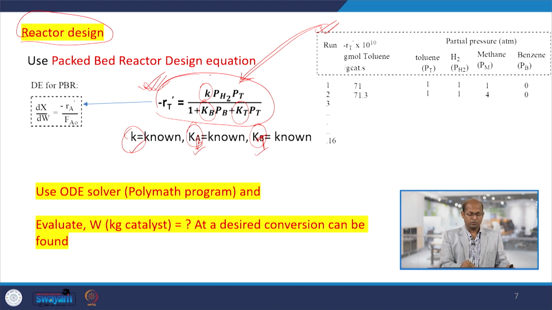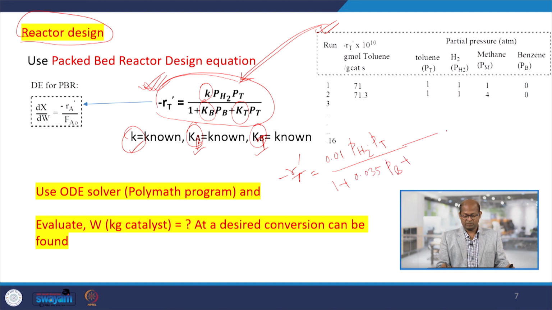Then we can say, let us say minus r_T prime equals k, let us say 0.01 times partial pressure of hydrogen times partial pressure of toluene, divided by 1 plus, let us say, 0.035 times partial pressure of benzene plus, let us say, 0.3 times 10 to the minus 3 times partial pressure of toluene.